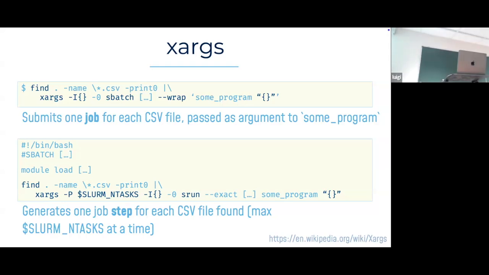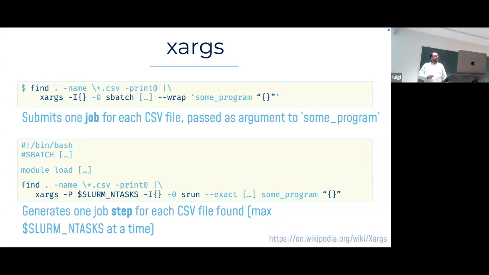I feed that with a pipe to the standard input of xargs, and xargs will run SBATCH, and because I put this element here, it will replace this part with what it has found in its standard input. Does that make sense? So I have a first find command.